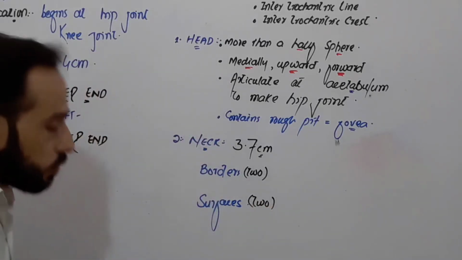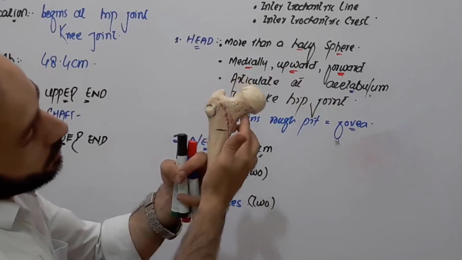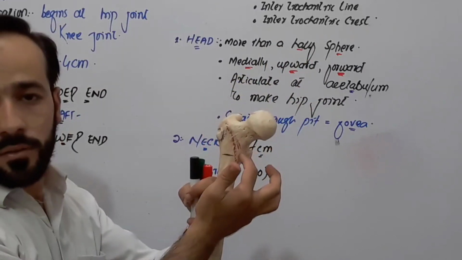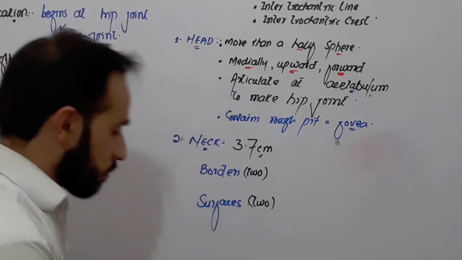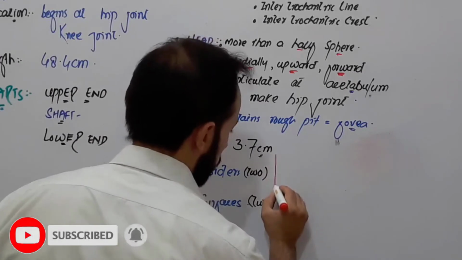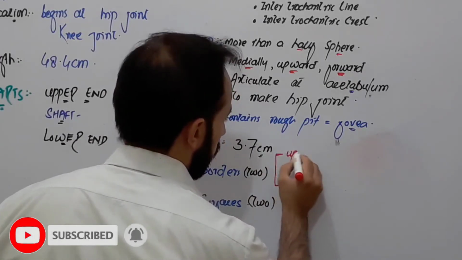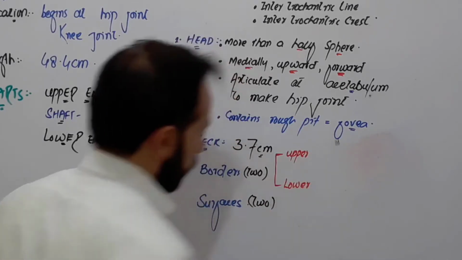And what are those borders? First, there is an upper border, and then there is a lower border, right? There is anterior surface and posterior surface. So let's go for it. How many borders? There are upper border, and then there is a lower border, right?